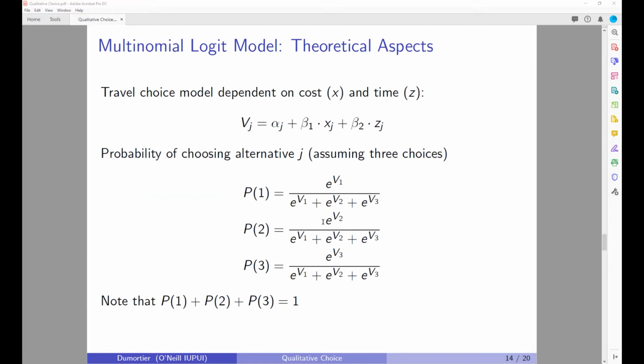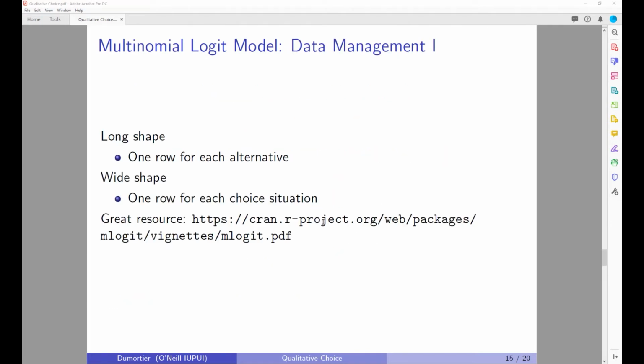Now, let us skip the technical aspects of the multinomial logit model and let us just go into the application of those models. Now, I mentioned before that one of the most difficult aspects of those models is to get the data into the right shape. And in a multinomial logit model, we differentiate between two types of shapes, or two types of data setup.